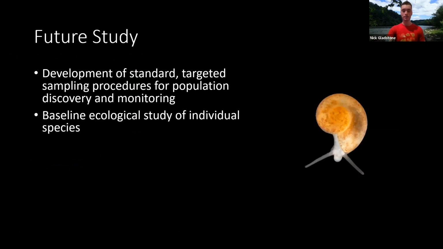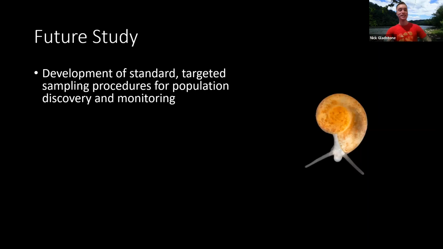All right, my final long-winded ramblings are coming to a close. I think this is the most foundational thing I could pitch: just do more. Develop standard protocols to study and monitor these animals. I think that's goal number one.